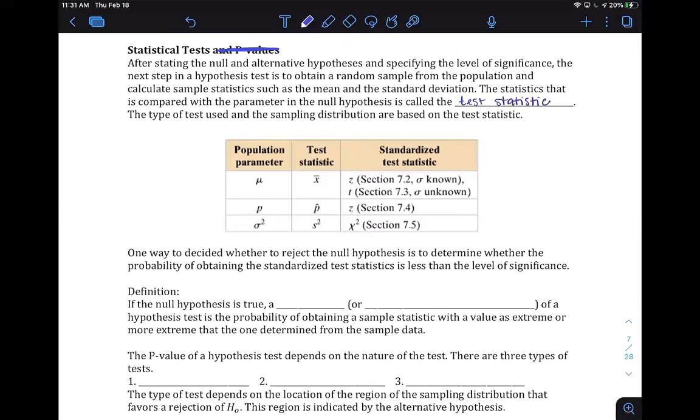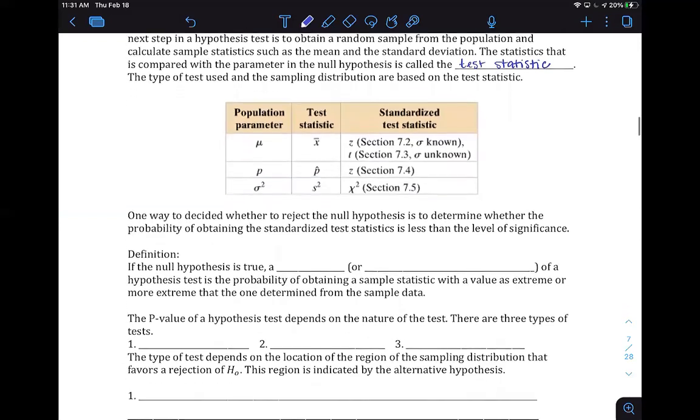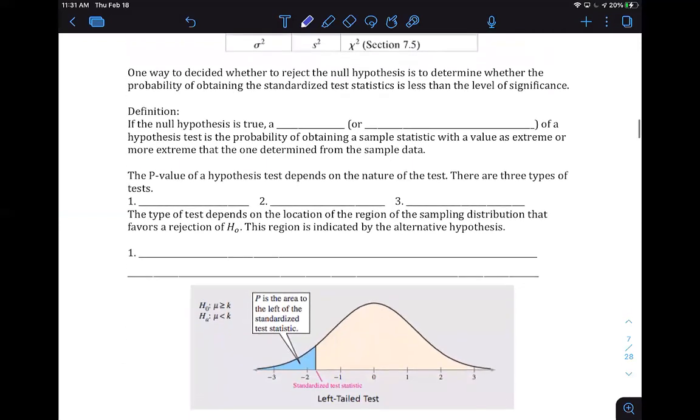The nice thing about that test statistic, it's similar to what we did with confidence intervals. All right, so one way to decide whether to reject the null hypothesis is to determine whether the probability of obtaining the standardized test statistic is less than the level of significance.